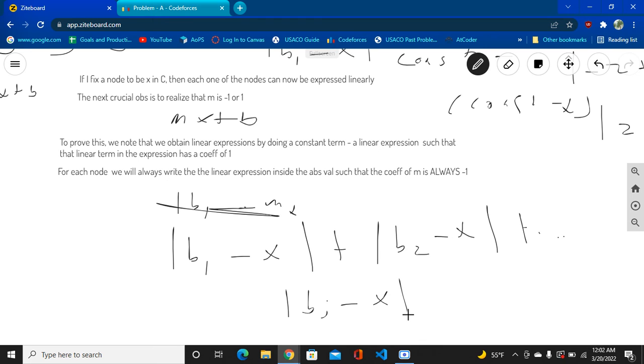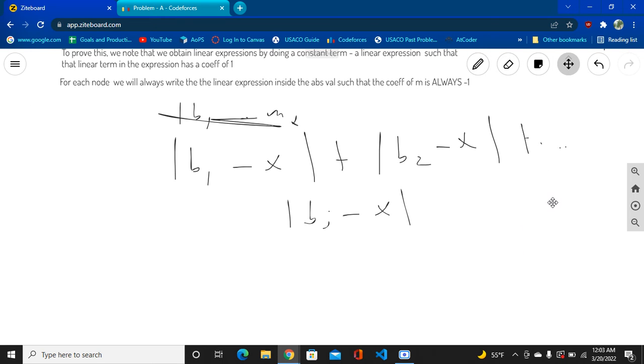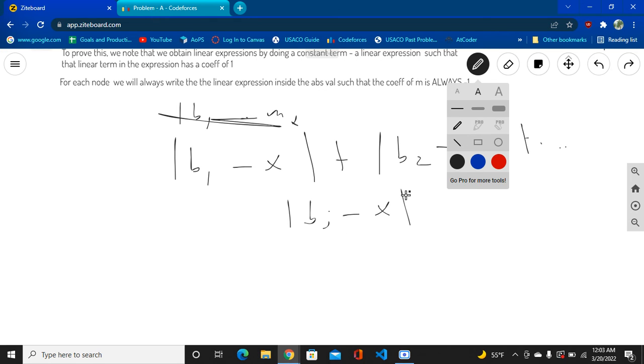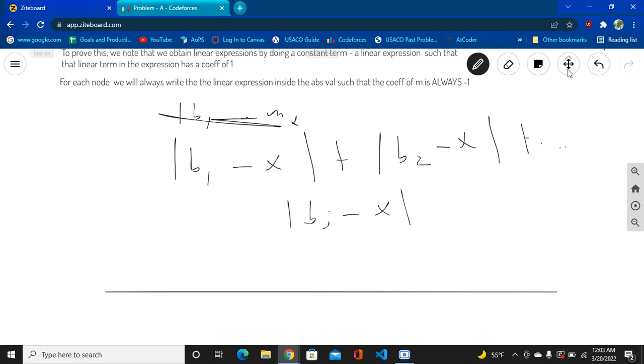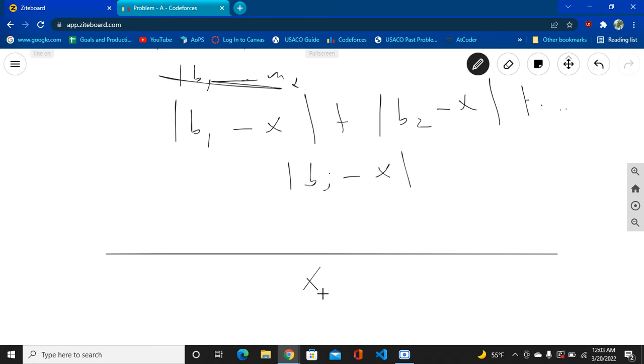And then you're like, what can we do? Well, we can view this expression as having a number line, and we have x, right? And we have b1 here, let's say arbitrary, b2 here, b3 here, bj here, whatever.